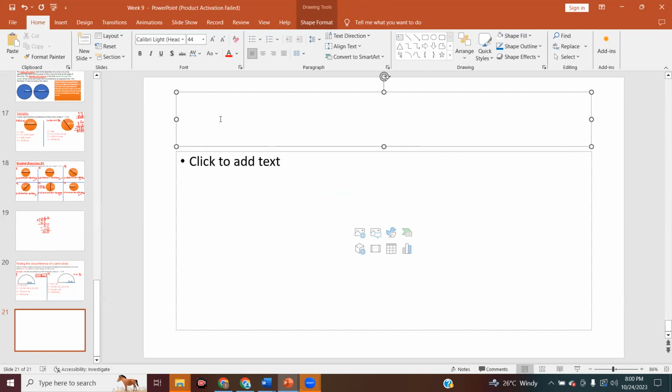Today we're going to be looking at another type of pathogenic disease, which is going to be fungi. So let's begin with that. Let's head up first.